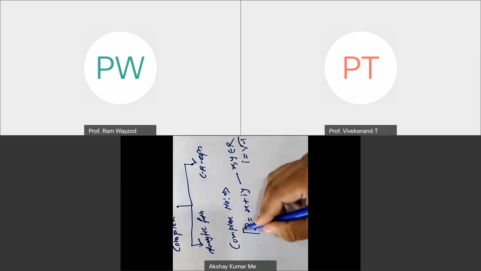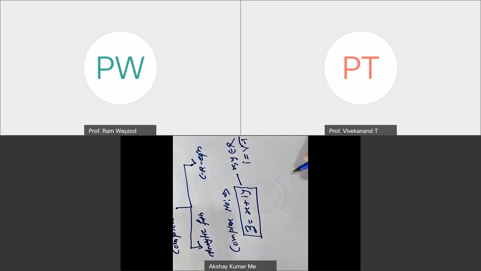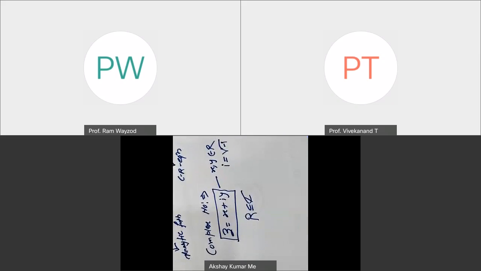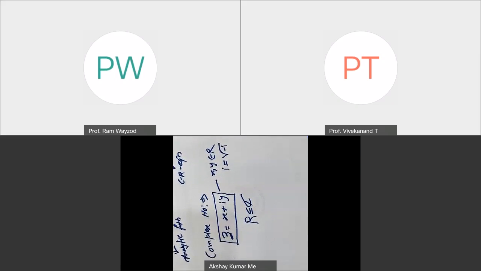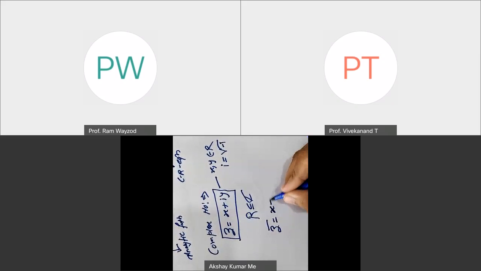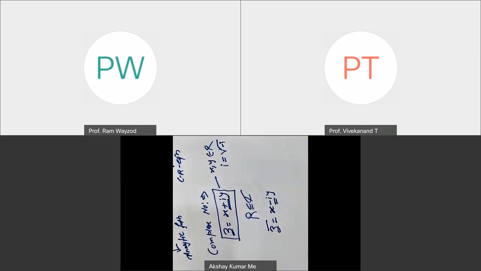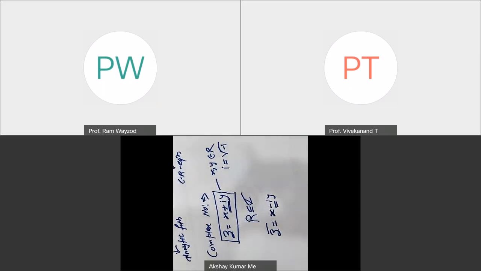Such a number is known as a complex number. Remember, real numbers are a subset of complex numbers. Next, the complex conjugate is x minus iy. We just change the sign of the imaginary part.